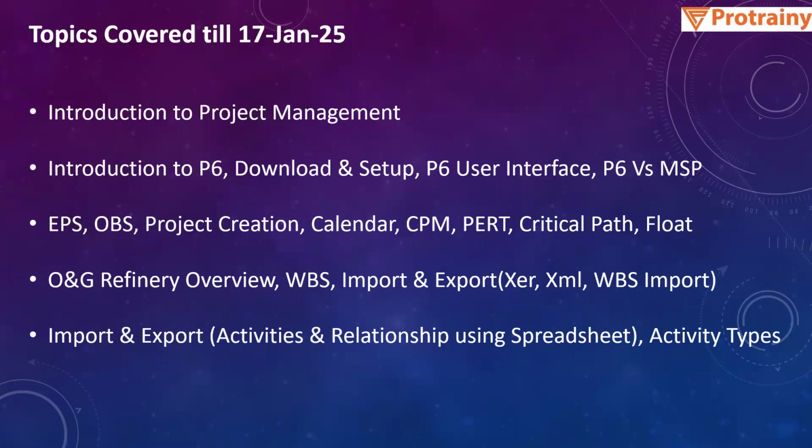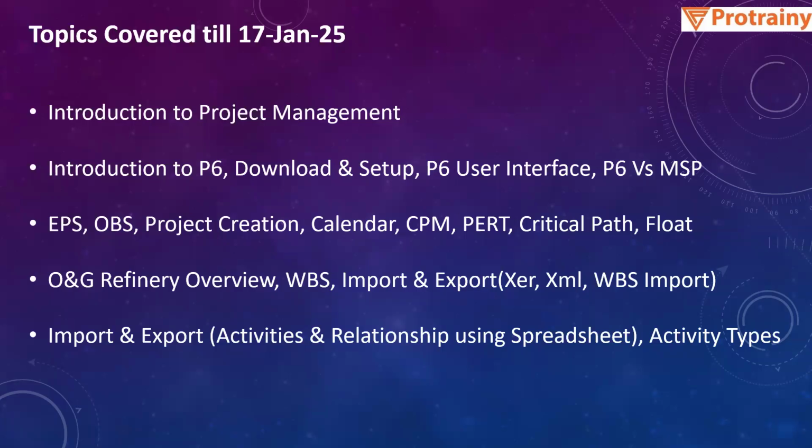Next, we started with the import and export function. We saw the import of an XER file, and how we can convert the MSP project file into XML and import it into P6. Similarly, for sharing the P6 file, how we can export it into an XER file. We also saw how to open the P6 XER file in Notepad, copy and paste the data over to Excel, feed the data in Excel, and then copy and paste the data back into Notepad, to import the WBS.